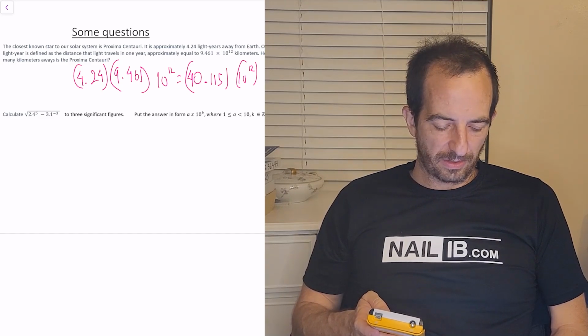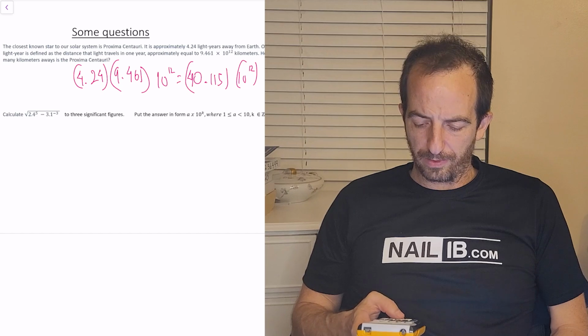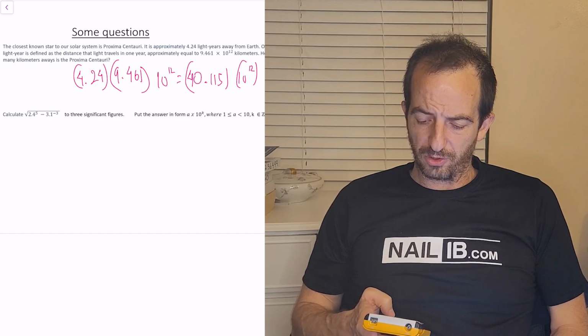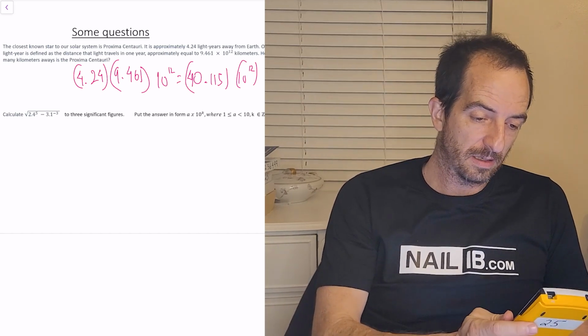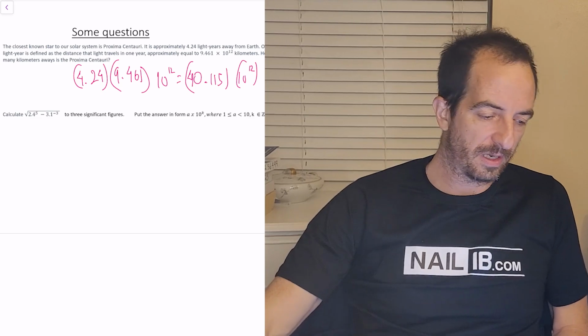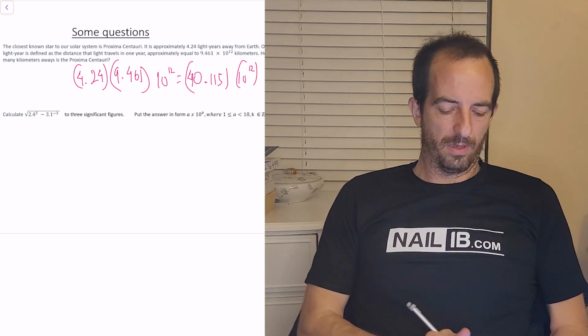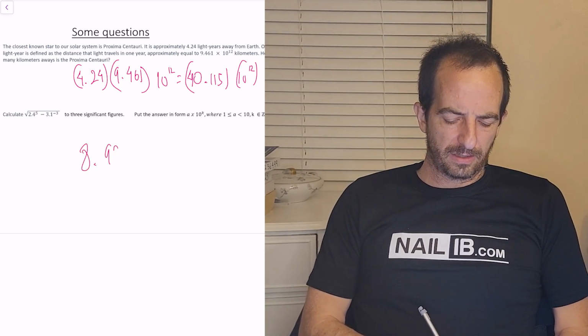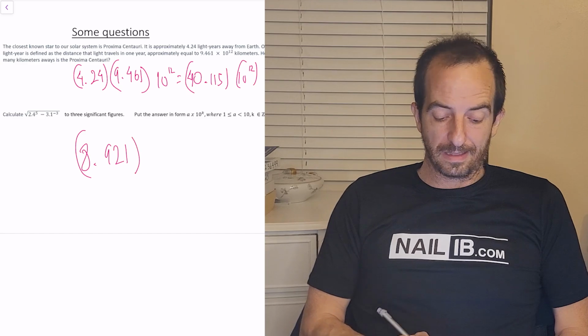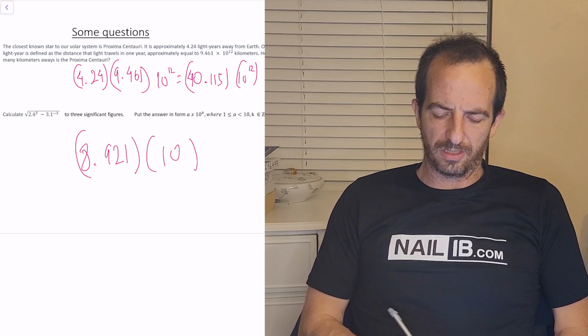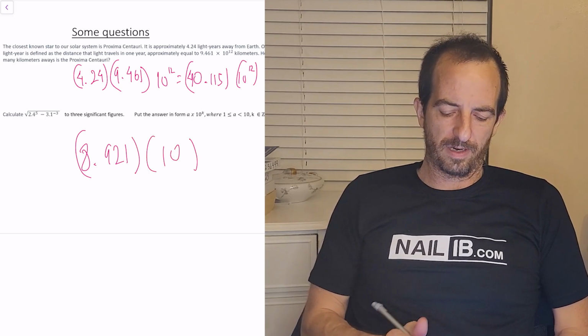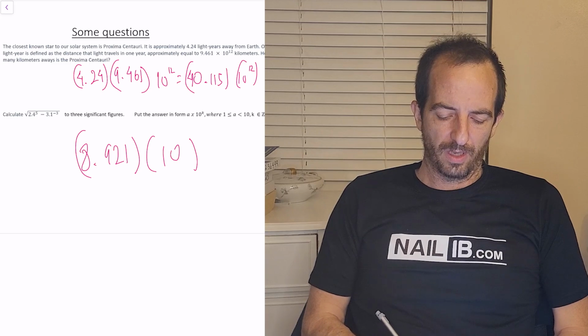And then we take that to the square root. That's going to be a fairly straightforward number. 8.9. It's really 8.921. If I want to put that in scientific notation, it would be fairly straightforward. Just times 10 to the 1 power. Right, and that we can just leave it really like that.